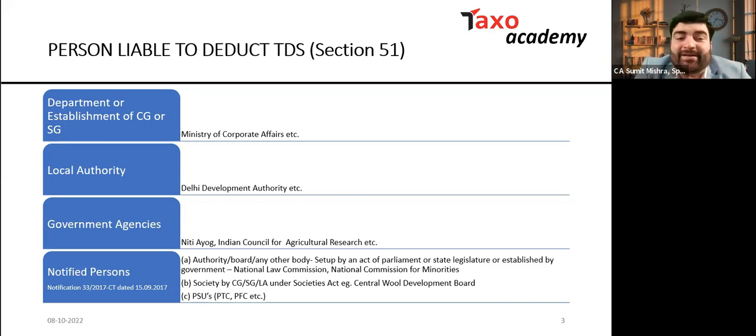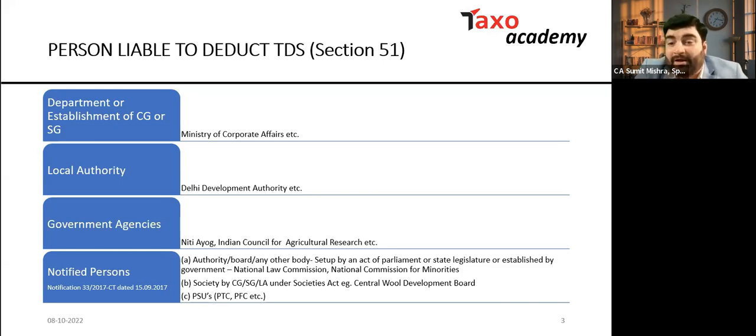Apart from these three governing bodies, there are certain other authorities defined by Notification 33 of 2017. In this notification, they mentioned an authority, any board or any other body set up by an act of parliament or state legislature. If it is set up by the central government, they will go for parliament.